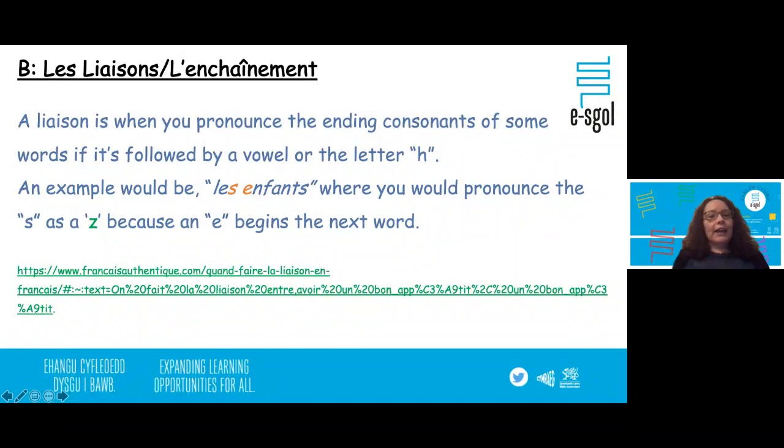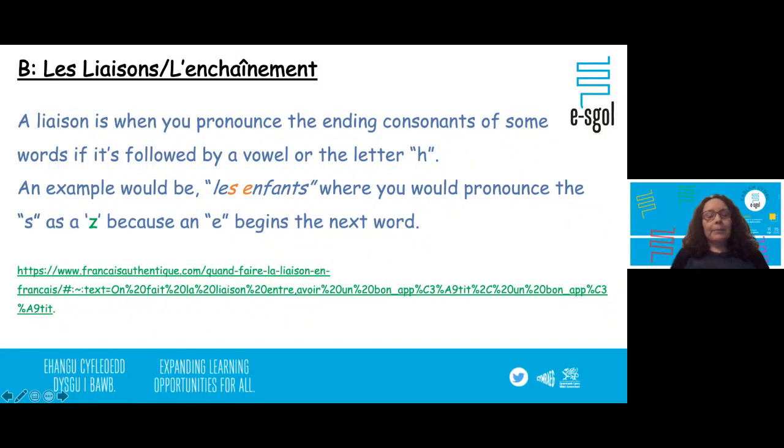The next thing I looked at was a liaison, which is when you pronounce the ending consonants of some words if it's followed by a vowel or the letter H. So for example, les enfants. Normally the first word would be les and the S would be silent, but because it's followed by a vowel, there's a liaison sound there, so the S becomes a Z and we say les enfants.